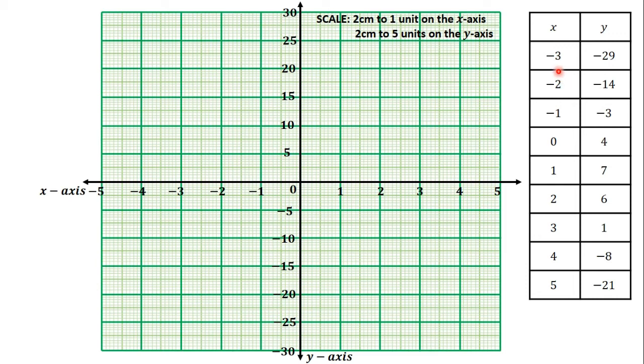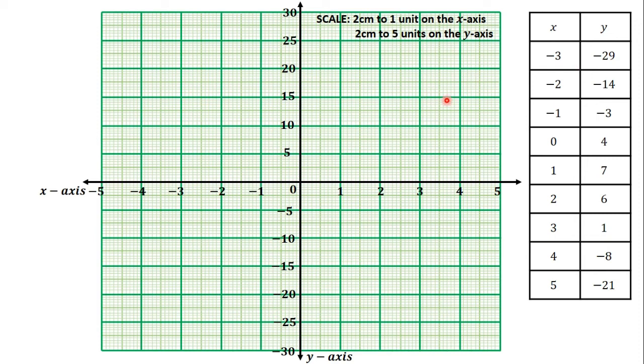The first point is (-3, -29). So we look for -3 on the x-axis, which falls on the major grid line. Then -29 on the y-axis, but -29 does not fall on the major grid line. So we have to know the value of each of the divisions on the y-axis in order to read the point -29.